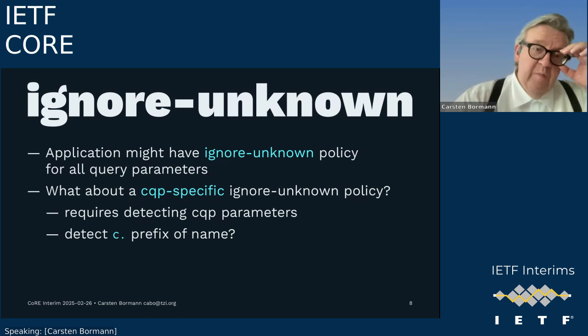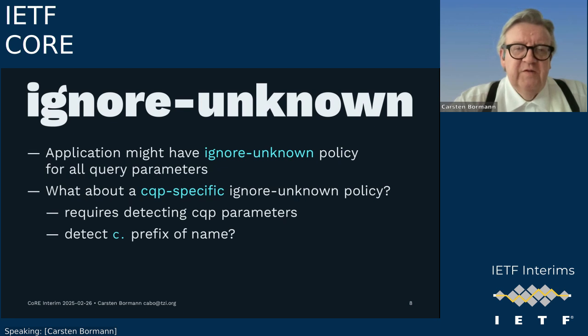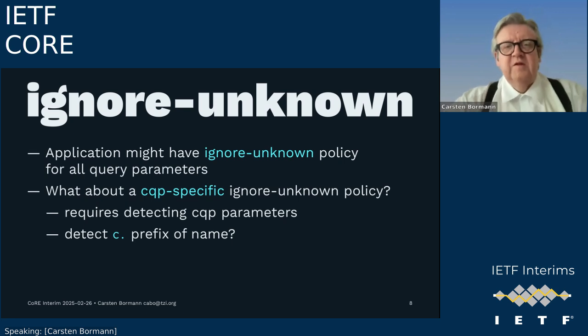One question that came up is, given that the set of conditional query parameters is going to grow, and we even have a registry in the conditional query parameters document that allows registering new conditional query parameters, how do we handle the fact that the server might not actually know about a query parameter that the client wants to use?